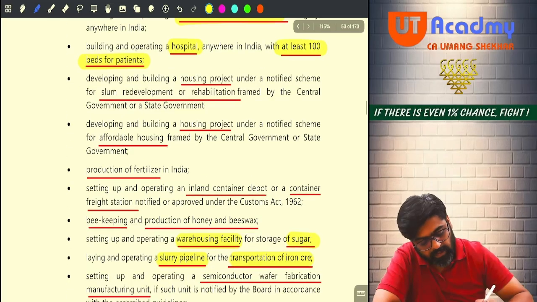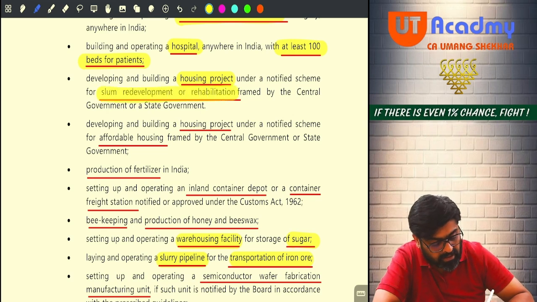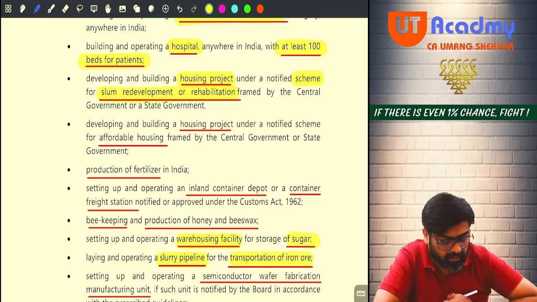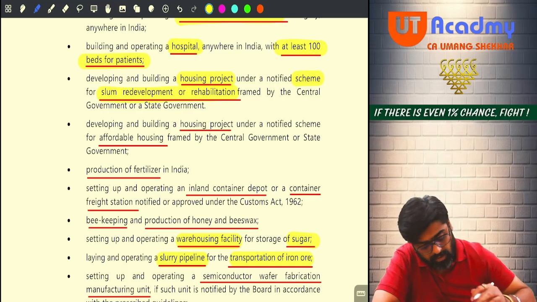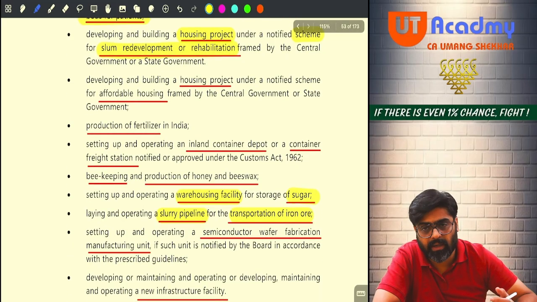Okay. Next one. You are into the construction business. So you are constructing housing projects under slum redevelopment or rehabilitation schemes. You are a builder.